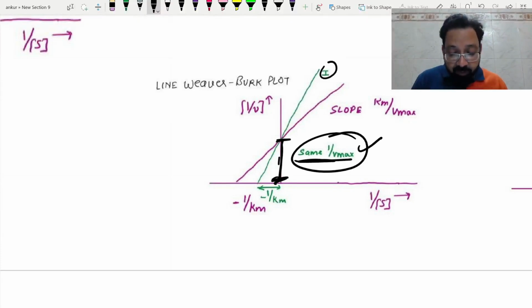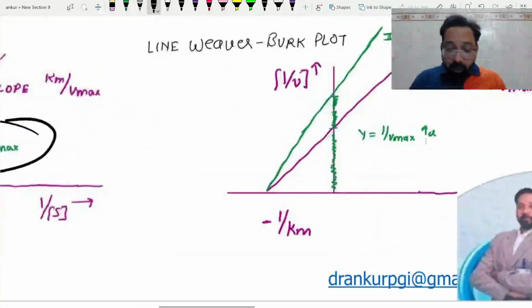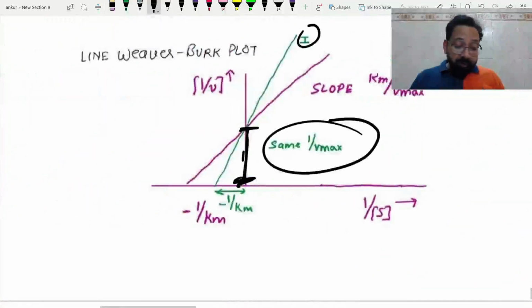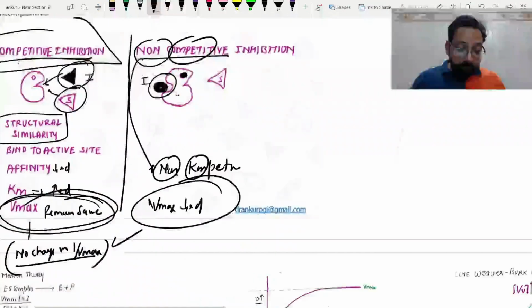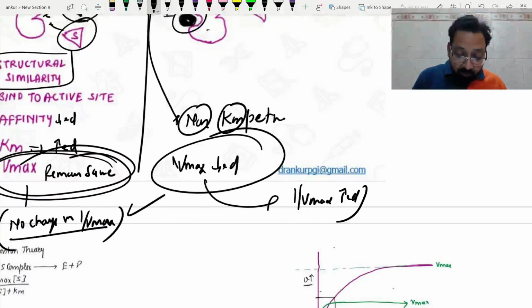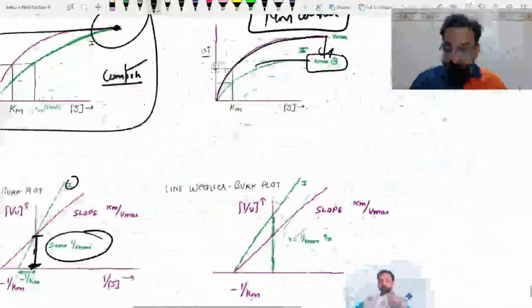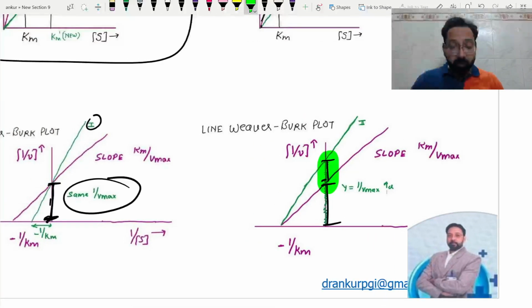So 1 upon V maximum is same, that is competitive inhibition. In non-competitive inhibition, V maximum is decreased, so 1 upon V max is increased. This is non-competitive.